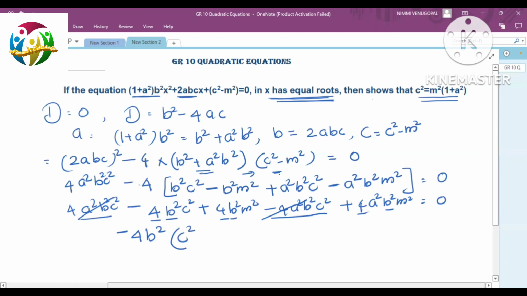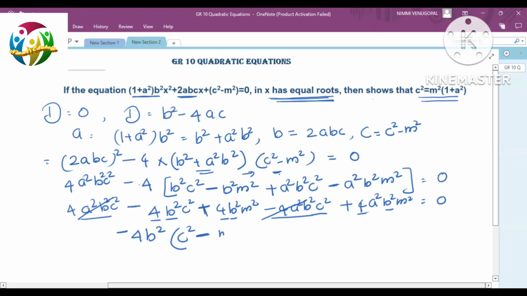Now, if I want to get positive, I have to write minus here. When I open the bracket, the symbol will never change. Minus into minus, plus itself we have to get. So that is the reason we have to take care while writing the symbol inside the bracket. While opening the bracket, we have to get the same symbol itself. So minus into minus, I will get plus.